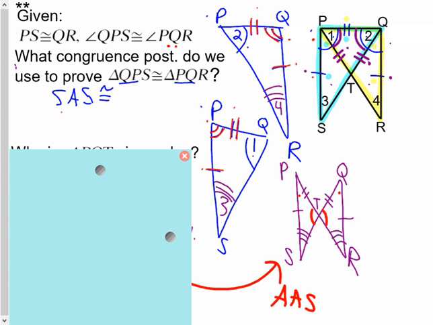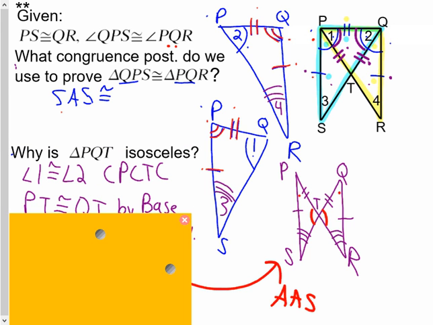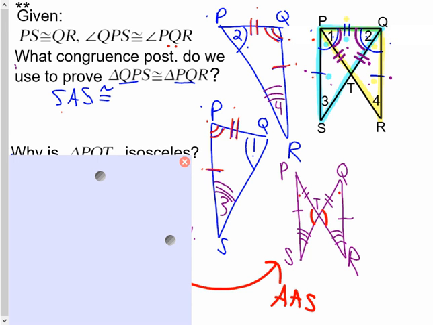Next question was, why is that small inside triangle isosceles, right? We kind of got the answer there, but why is this little guy in the middle with the green base and angle 1 and 2? Well, basically, we just started filling in what we needed. Again, it was already filled out, but here, angle 1 and 2 are congruent by CPCTC, right?